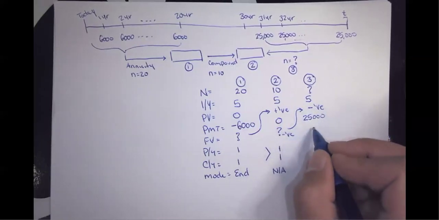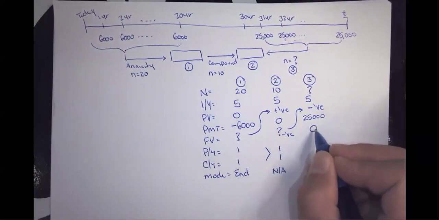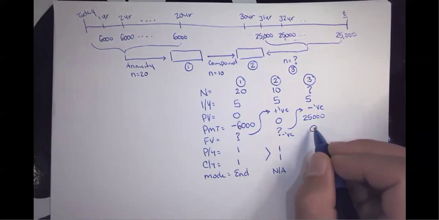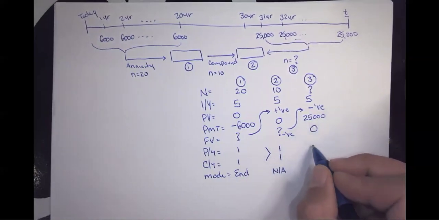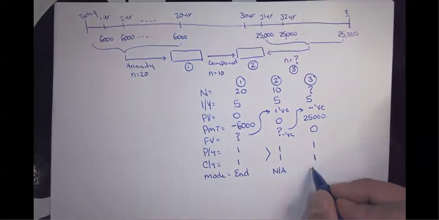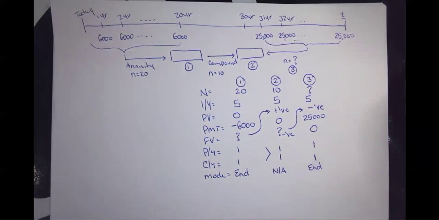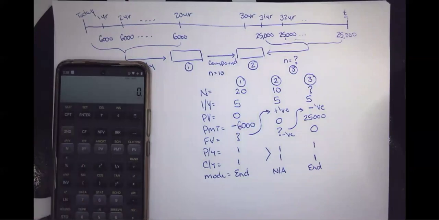And so our signs are going to work out properly. The future value is going to be 0 because we're going to exhaust this fund. We're paying out once per year. We're compounding once per year. And we're in end mode for this annuity. So those are the things we need to calculate.